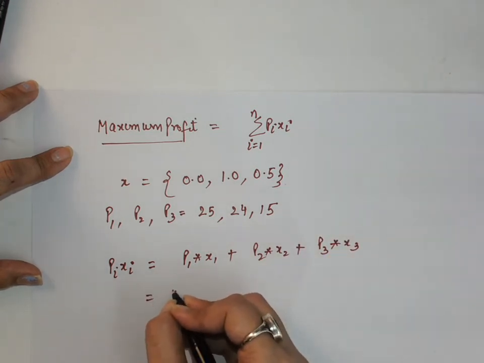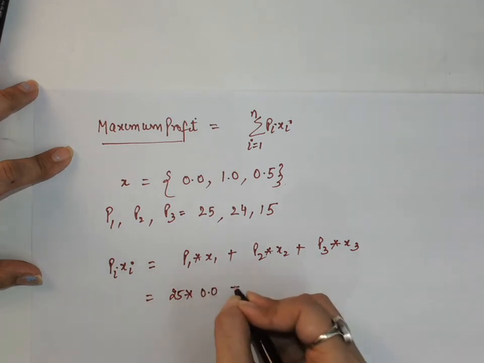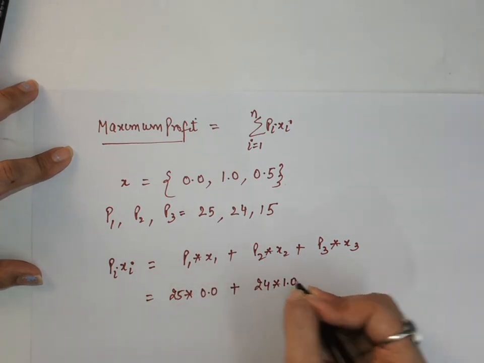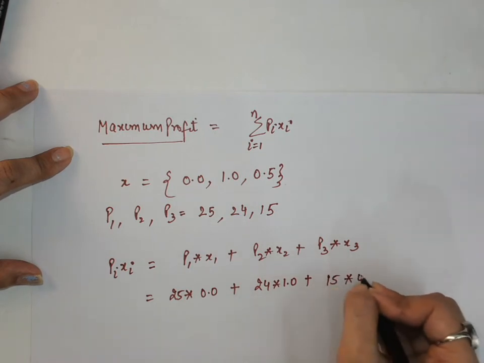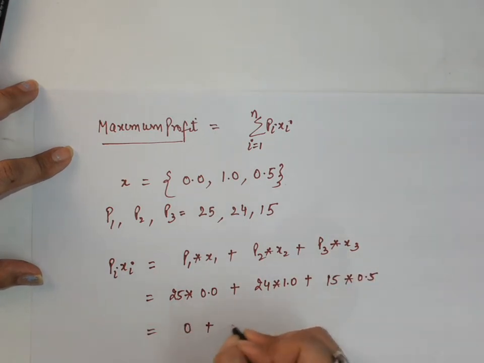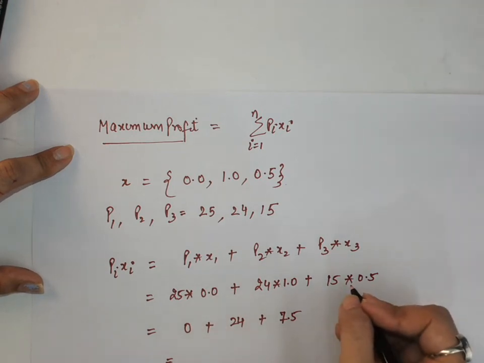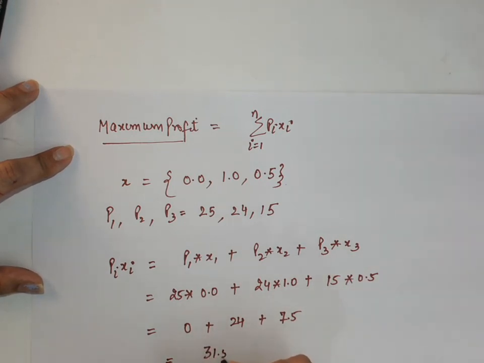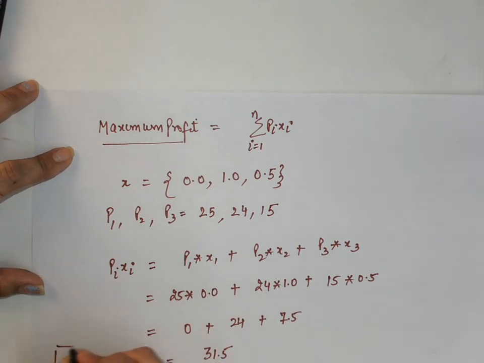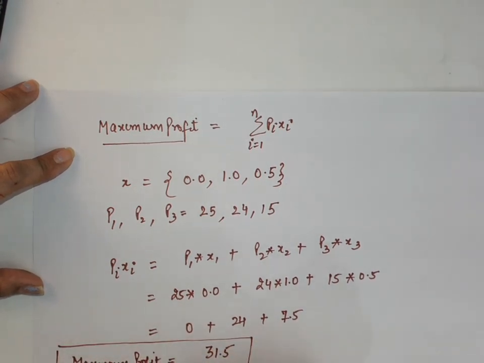That is equal to 25 into 0.0 plus 24 into 1.0 plus 15 into 0.5. That would be 0 plus 24 plus 7.5. Now I have filled my knapsack and I have earned maximum profit of 31.5 units.